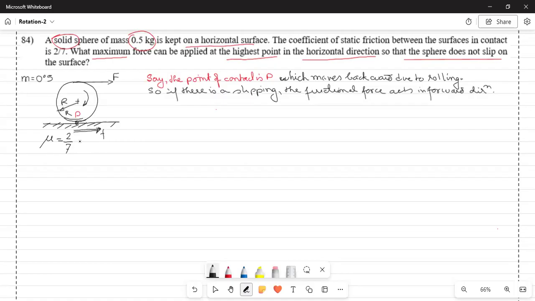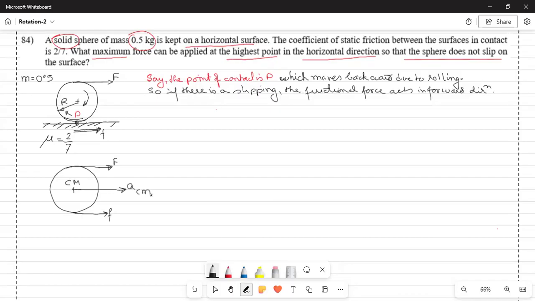That means if you now consider the free body diagram of this sphere, there are two forces acting in the same direction. One is capital F, the force we apply, and the other is the frictional force f. Say the body's center of mass moves towards your right and has an acceleration ACM.